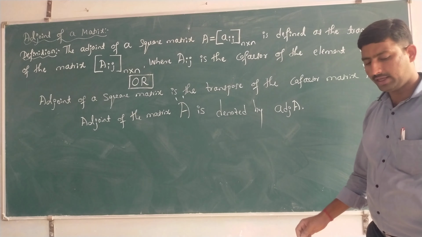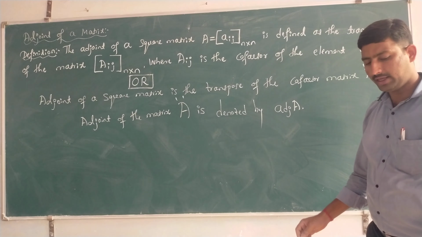Cofactor of 2 is A21, position sign is minus, into 3, which is equal to minus 3. Cofactor of 4 is A22, position sign is plus, into 1, which is equal to 1.